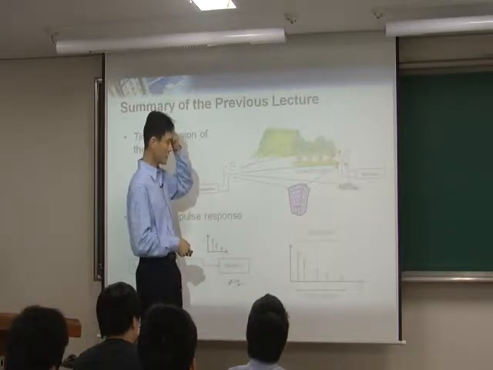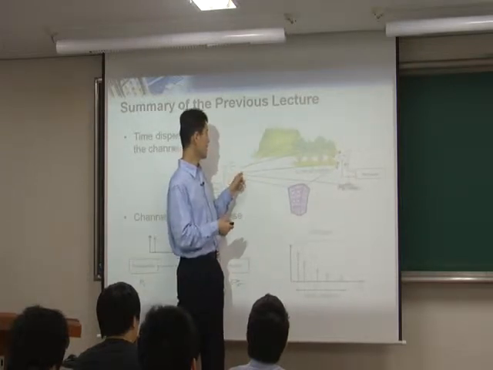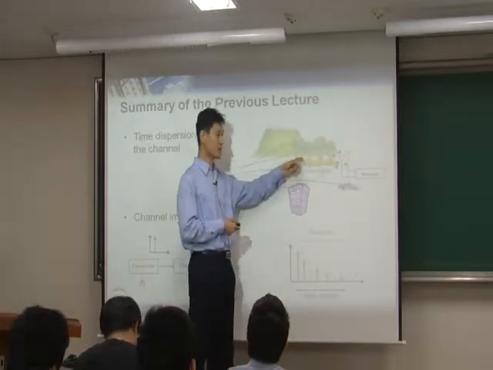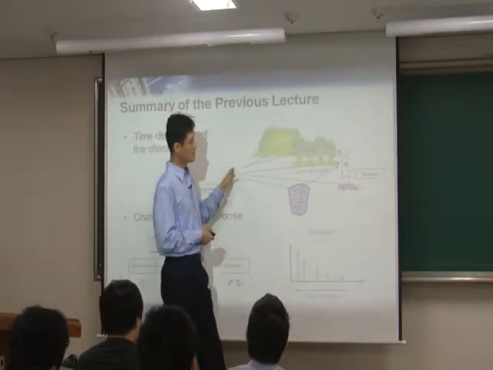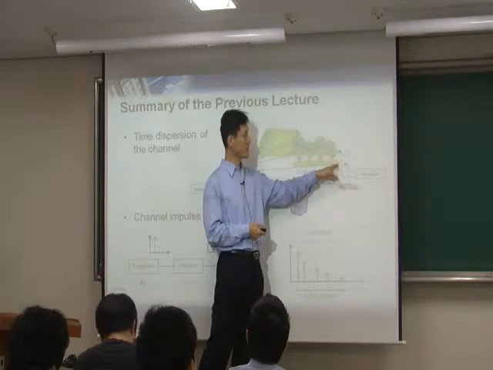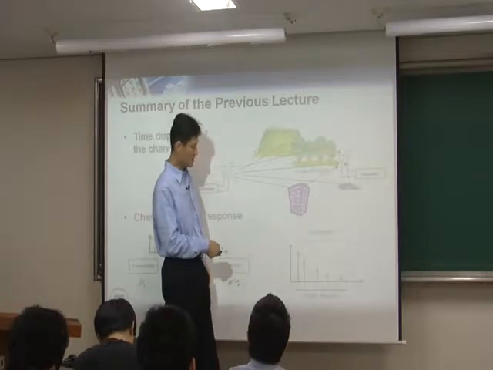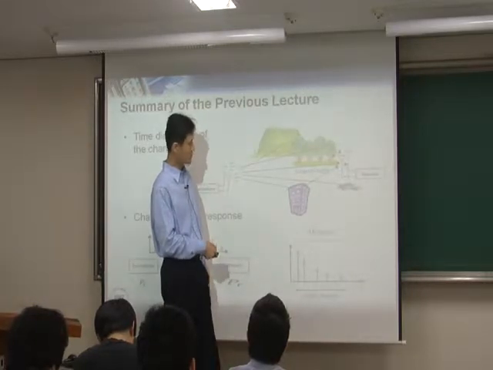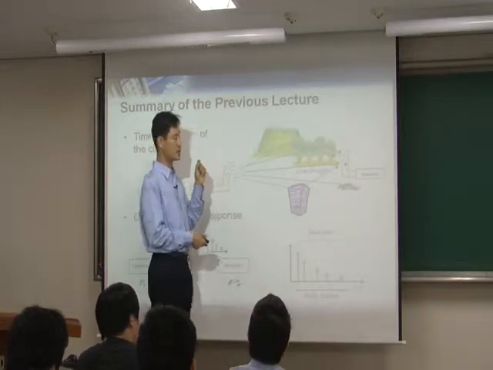Of course, there is a certain propagation delay, right? When you transmit a signal at time t equals 0, after a certain propagation delay, d, let's say, then you'll receive it. But that's the first copy. Because the line of sight has the shortest path, that is the first copy you will receive.